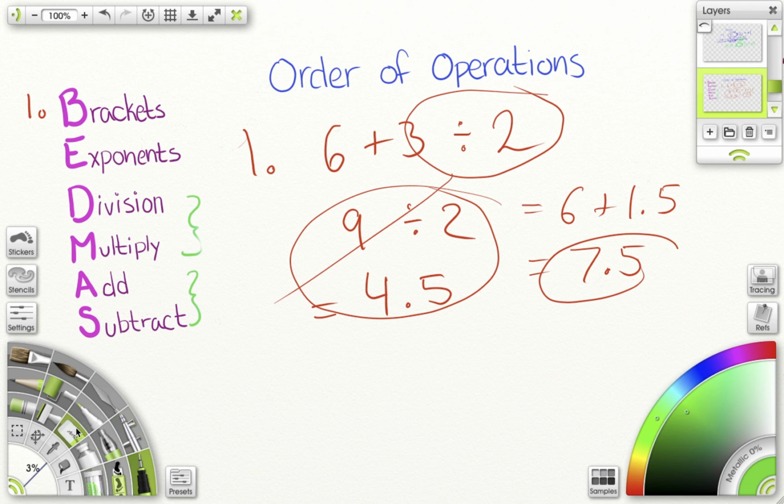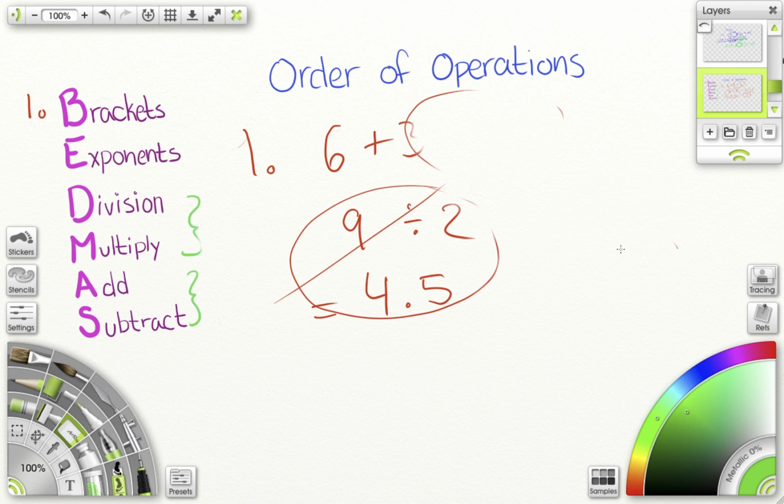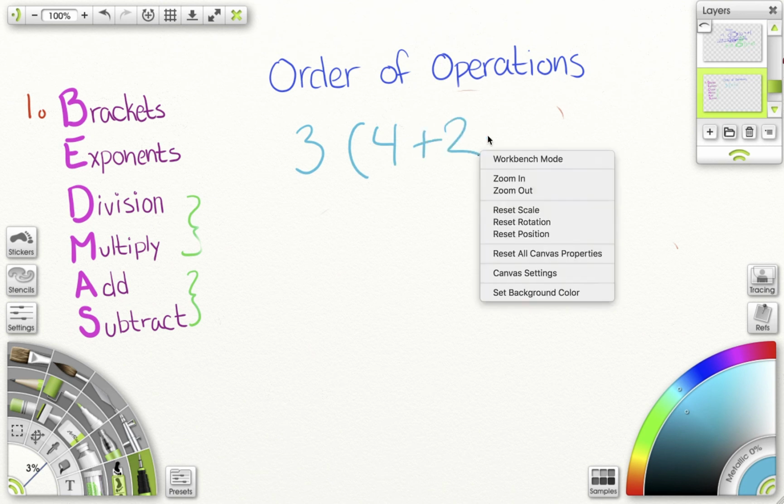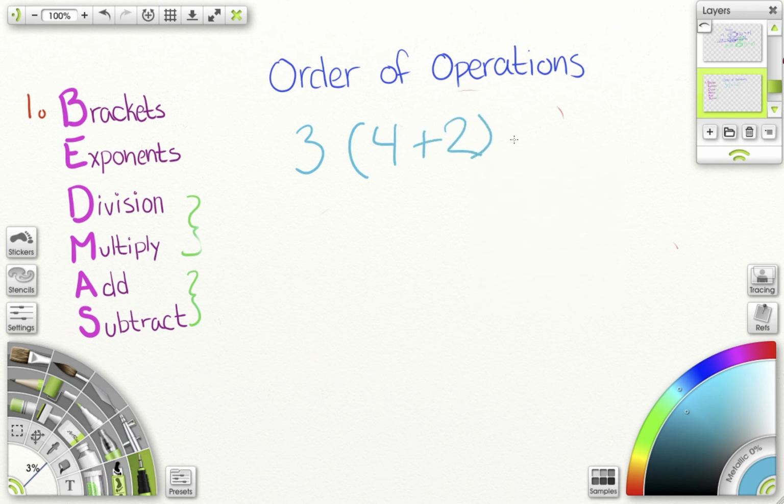So that's why you have to really pay attention to the order that you're doing your problems in. So let's do a few other problems. We're going to do 3 bracket 4 plus 2 divided by 2.